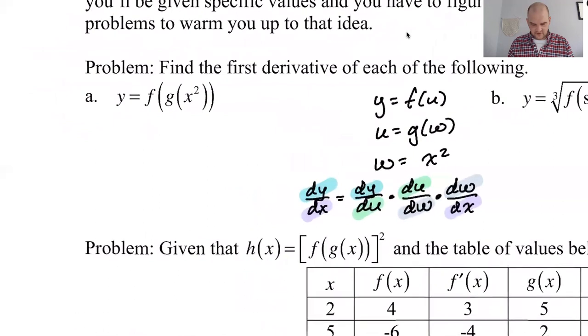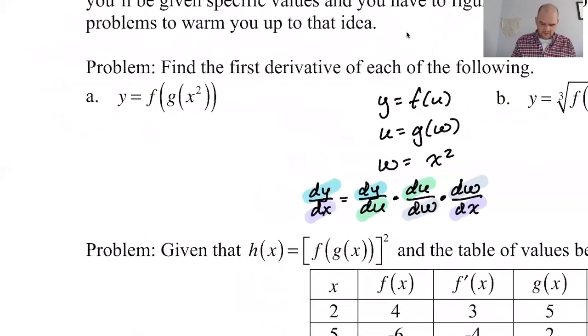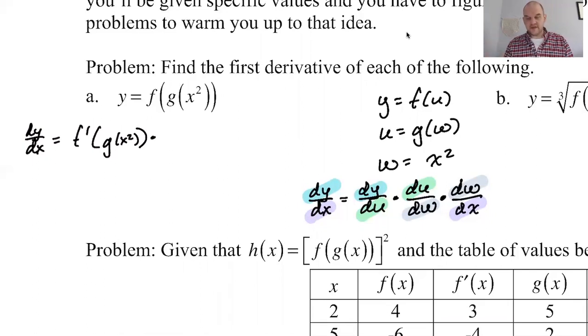I'm going to find the derivative the way I usually do. Over here, dy dx is the derivative of f of something, which is just f prime of that thing. So what's that thing? It's g of x squared, times the derivative of that thing.